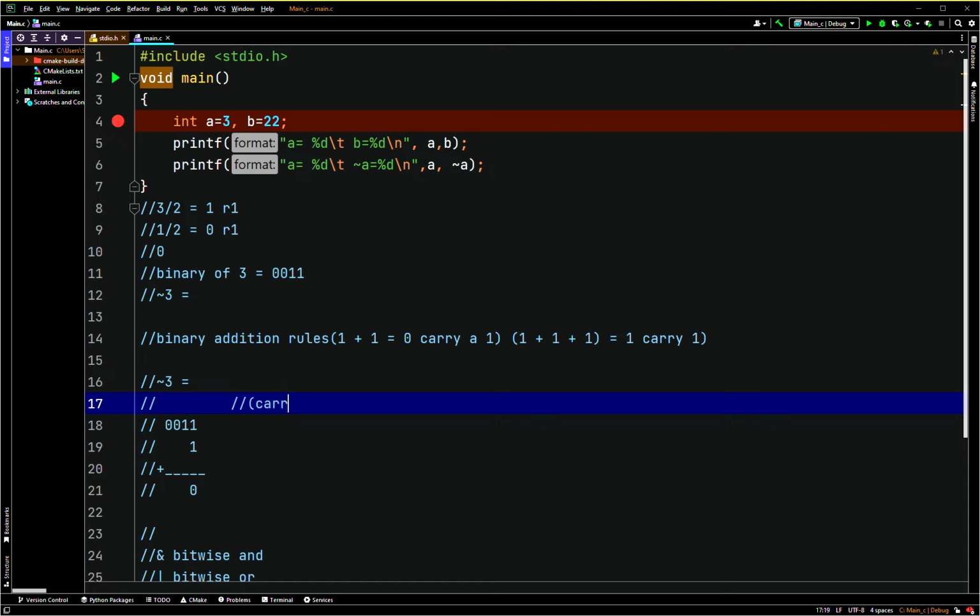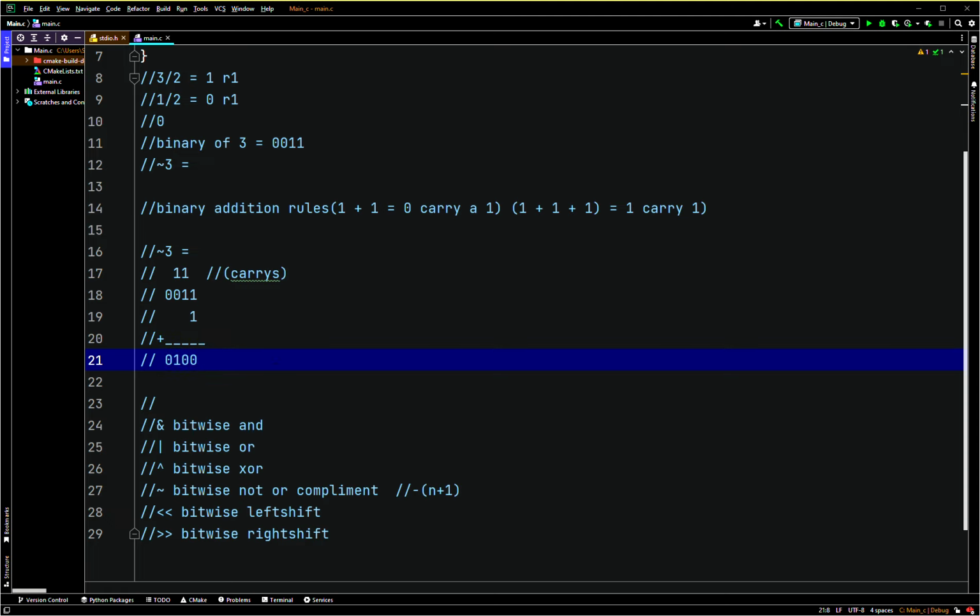These are like carrying, like if we were carrying something, so 1 plus 1 here is going to be a 0, carry the 1, right? So those are carries up here. Okay, so 1 plus 1, 0, carry a 1. 1 plus 1 is 0, carry a 1. 1 plus 0 is 1. And 0 just goes down to 0. Just carry the 0 down. Okay, so now we have this number here.